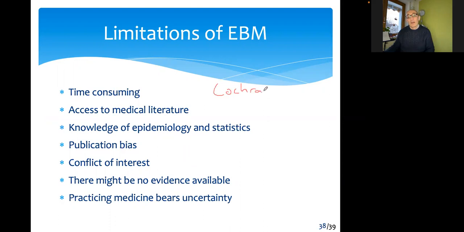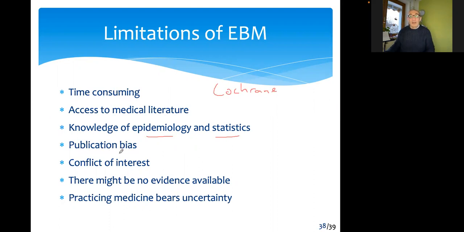But there are also free resources. Knowledge of epidemiology and statistics is also needed. Without any statistical or epidemiological knowledge, you will not be able to understand the p-value, the confidence interval, the study designs. This will all be very unfamiliar to you. So these basic requirements can be considered a limitation.